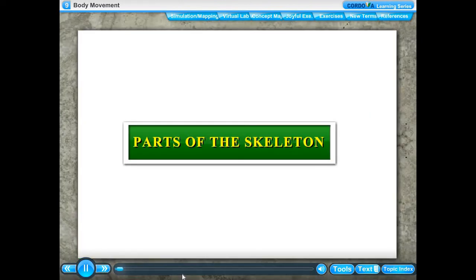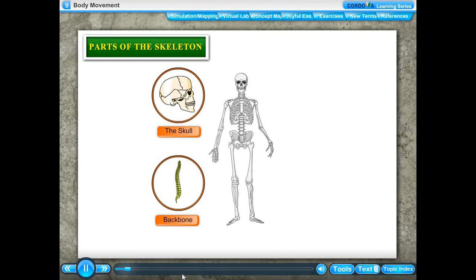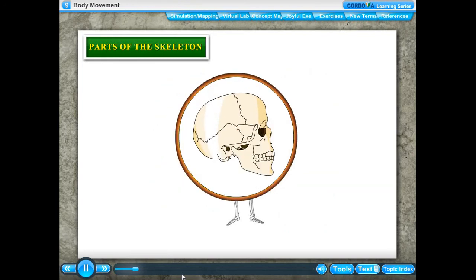Parts of the skeleton. The human skeleton consists of 5 basic parts: the skull, the backbone or spine, the rib cage, 2 pairs of limbs, 2 pairs of girdles. The skull. The skull is the bony structure consisting of the brain box and facial bones. The brain box is the upper portion of the skull.